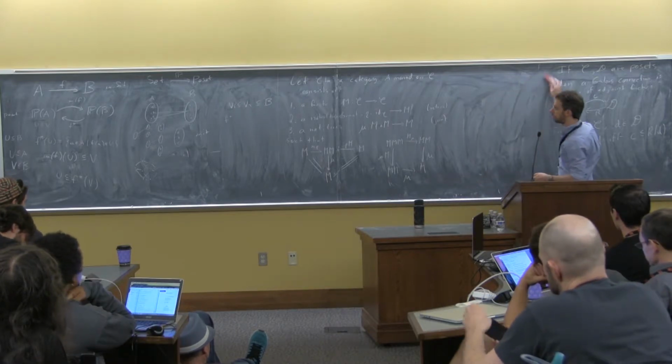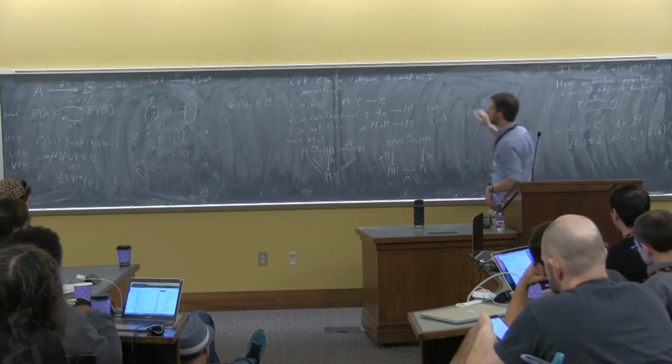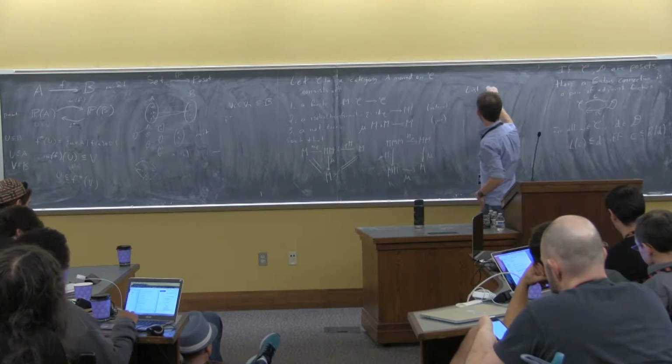So what is this? Let's talk about list. List is a monad. What this says is list goes from set to set.